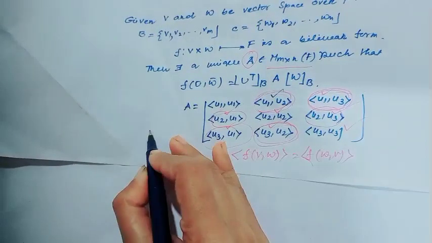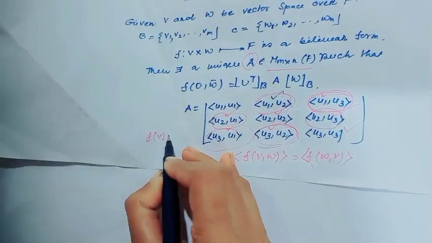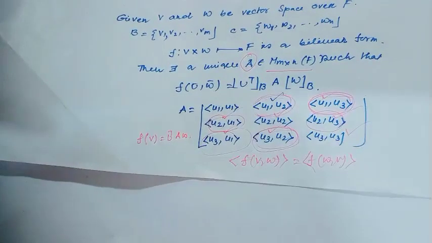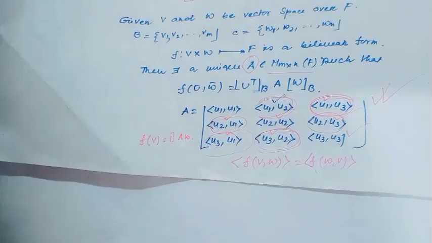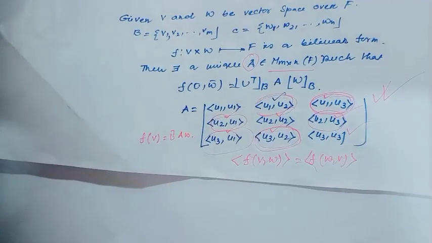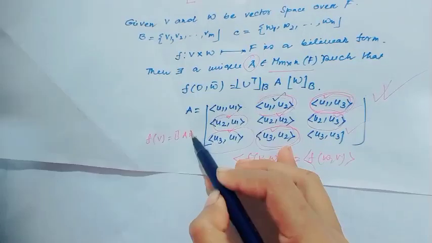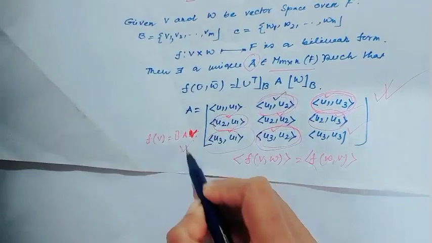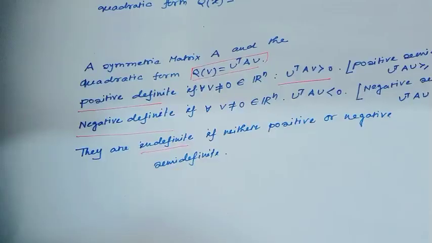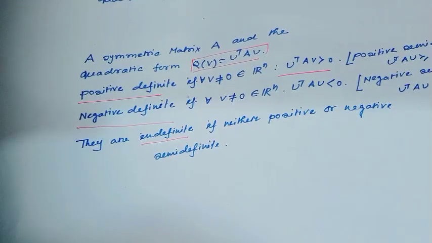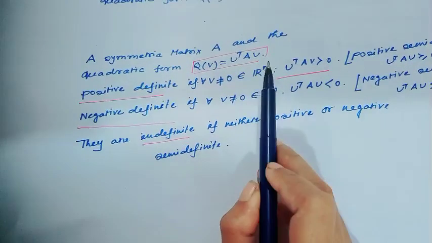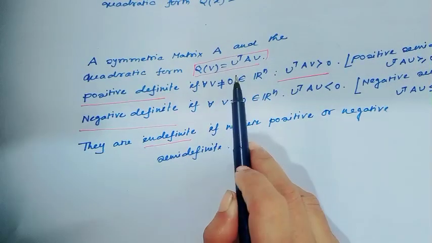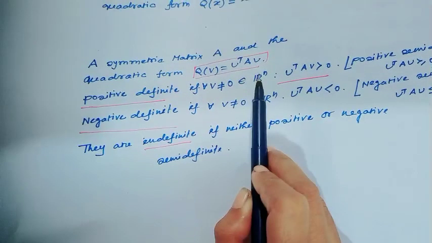This is a quadratic form when f of v equals v transpose A v. That means from a bilinear form we can generate one matrix, and also from a quadratic form we can generate one matrix. The actual definition of a quadratic form is: for a symmetric matrix A, the quadratic form is denoted as q of v equals v transpose A v.